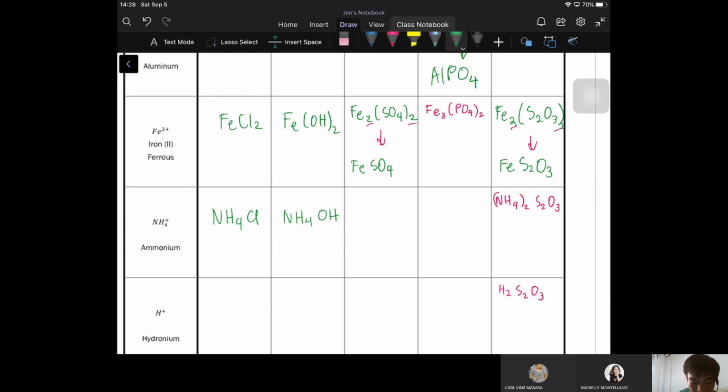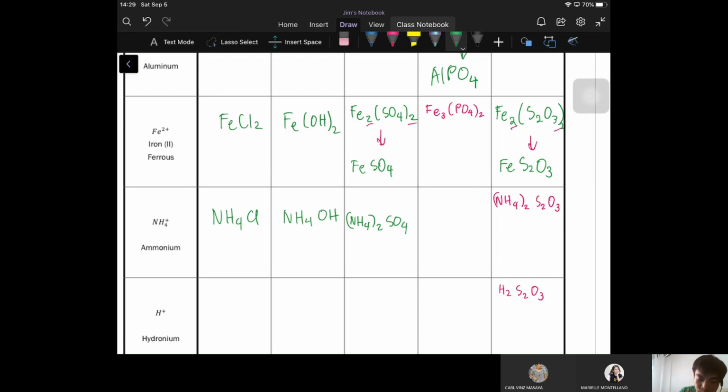Next one, ammonium and yung sulfate ion natin. So, (NH4)2 tapos (SO4)1. Again, pag 1 yung subscript ng ating parenthesis, burahin natin yung parenthesis. NH4 2 SO4. Then phosphate naman tayo.